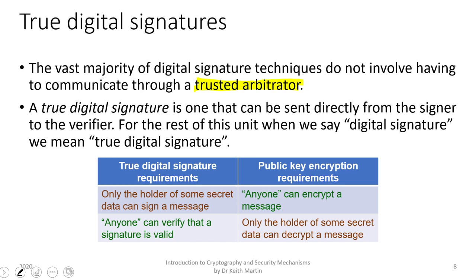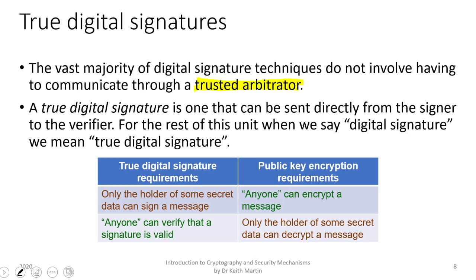In public key encryption, if you remember, anyone can encrypt the message and send it, and only the receiver can decrypt and see. Whereas in digital signatures, only the sender can use the secret to create the signature or sign the message, but anyone can verify the message.